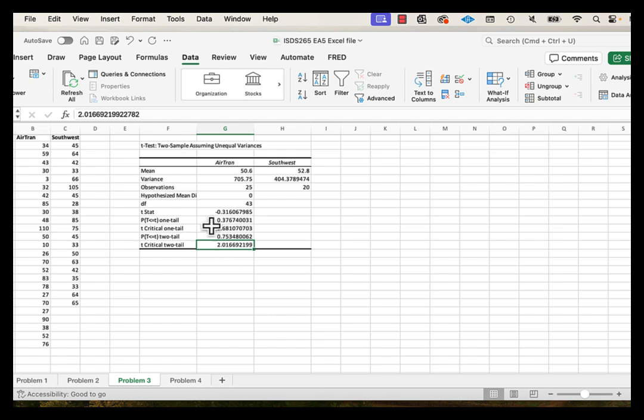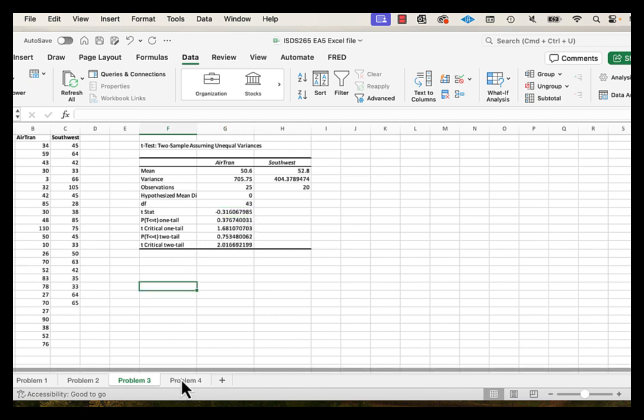And you can see here that our t-stat is minus 0.316, and the critical value is 2.016. It's actually plus or minus 2.016. So we would need the t-statistic to be either less than minus 2.016 or greater than 2.016 in order to reject the null hypothesis.